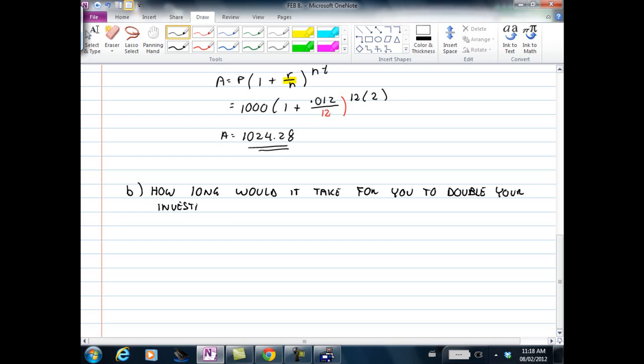Let's say we know that in 2 years I made $24.28. That's too little for me. I want to be a thousandaire. So how long would it take me to make double my investment?